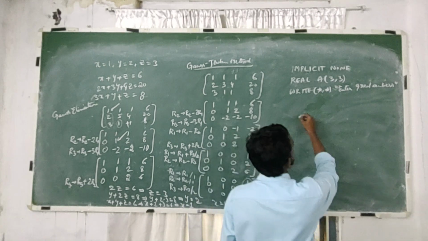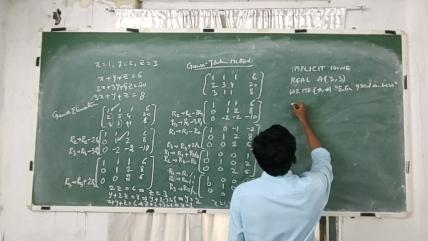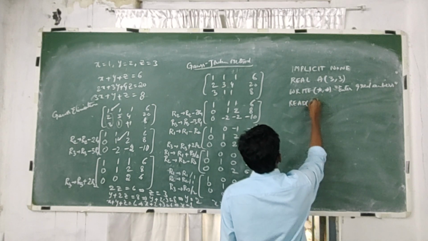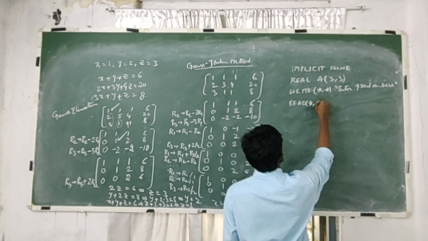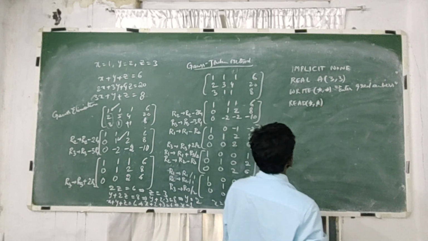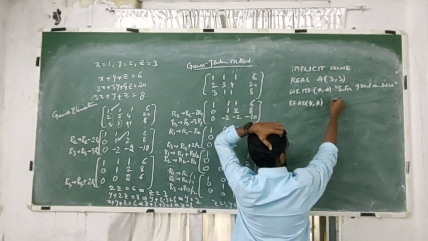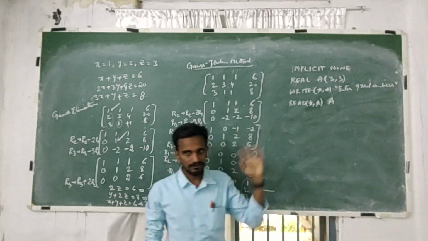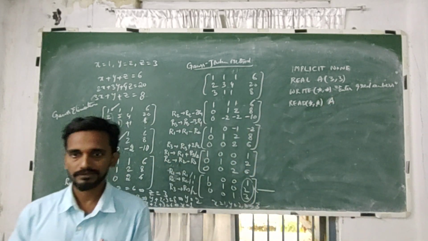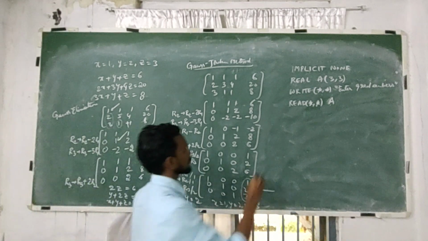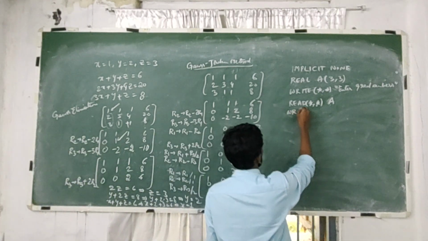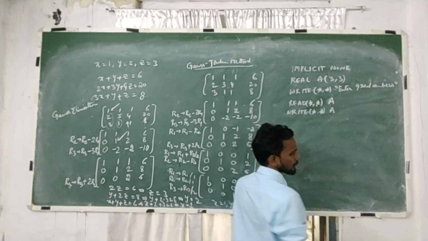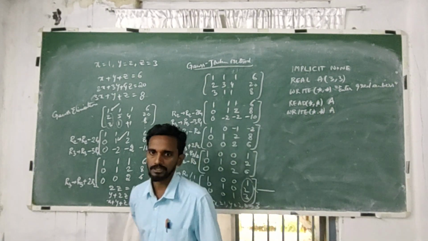So the simple option is read A. It reads all 9 elements and prints all the 9 elements in a row.